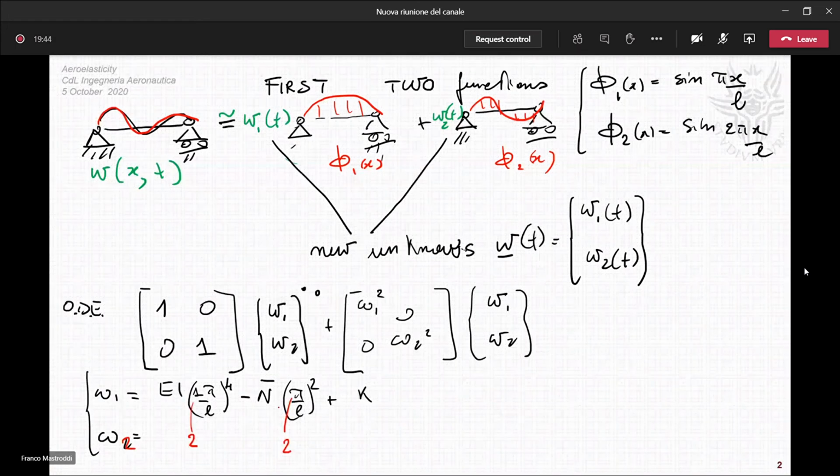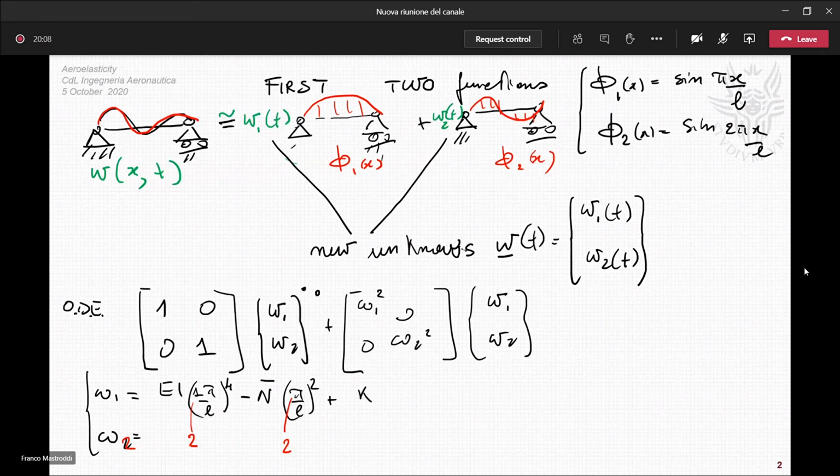Okay, and up to this level, you have 2 simple harmonic oscillators. You have uncoupled harmonic oscillators with an omega frequency and with unit mass for both equations.